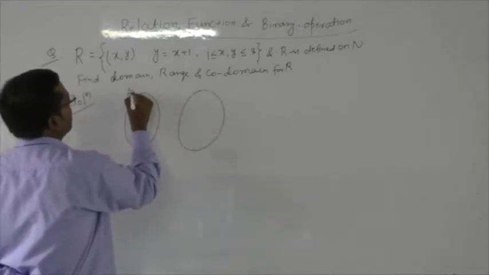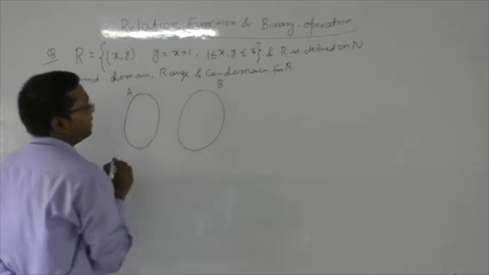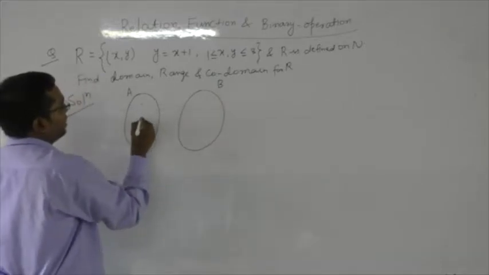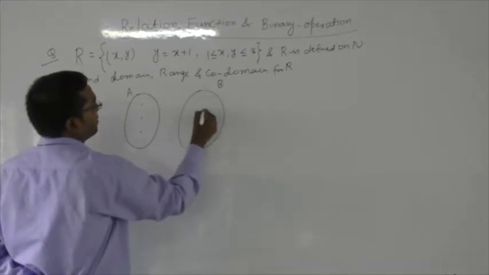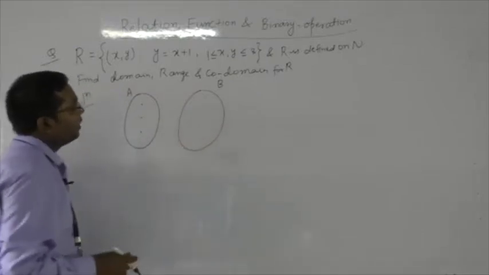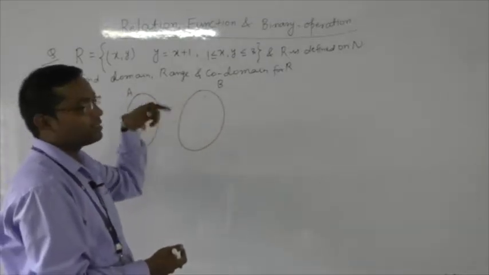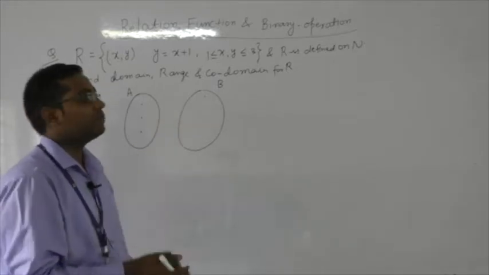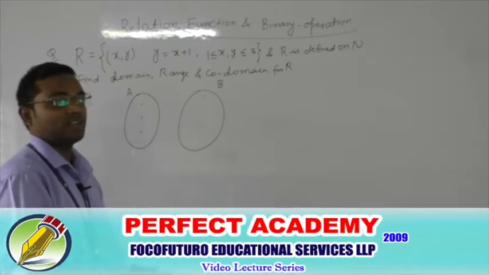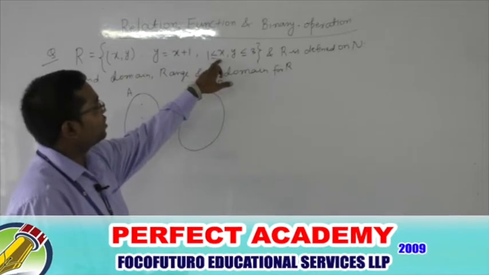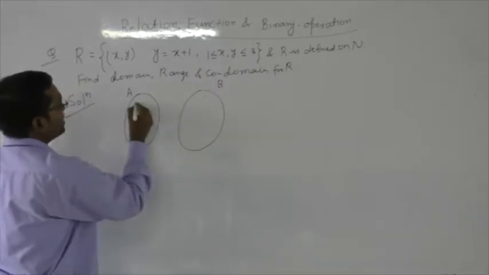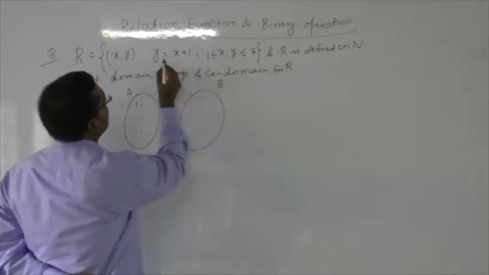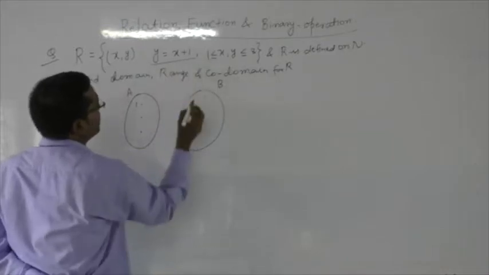Here I am calling this A and this B. So here some elements will be there, and here some elements will be there. Now R is defined on the natural numbers, so x and y we can take as 1, 2, 3, 4. We can't take 0, minus 1, minus 2 because those are not natural numbers. So take x equals 1. If x equals 1, the y value will become 2.